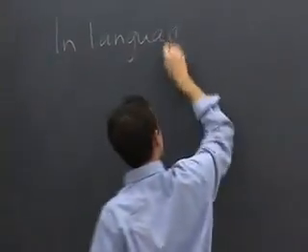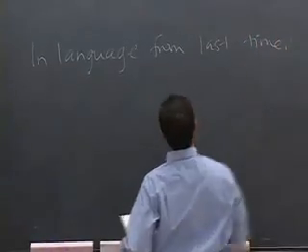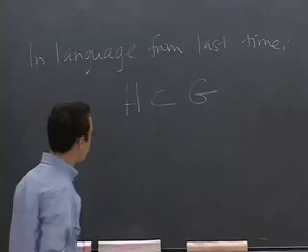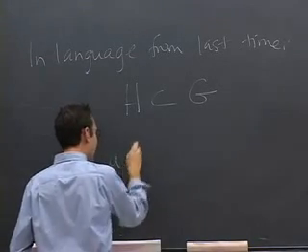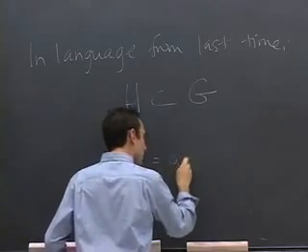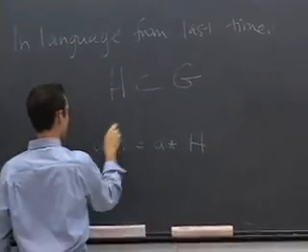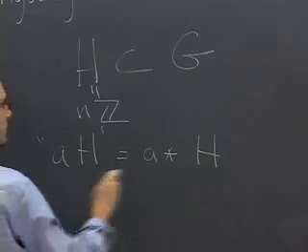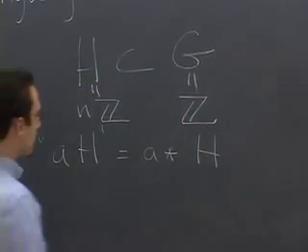So, in the language from last time, where we had some subgroup H of some group G, we had these things that looked like aH, or perhaps better written a operation H. But we're working with nZ, the subgroup of Z, where the group operation is denoted plus.